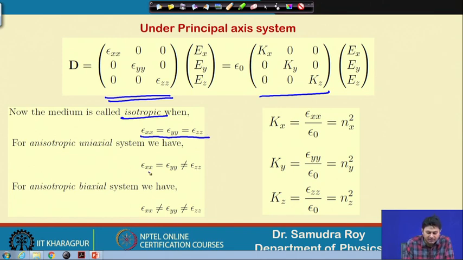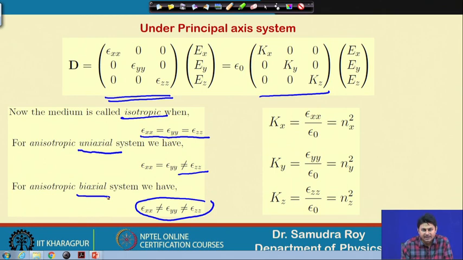If epsilon xx and epsilon yy are the same, but epsilon zz is not the same, this belongs to the anisotropic system, and we call this an anisotropic uniaxial system. In a similar way, if all the three terms are different, it is called the anisotropic biaxial system. So, uniaxial, biaxial and isotropic system. In an isotropic system, all the terms are the same, but in the other cases they are different.